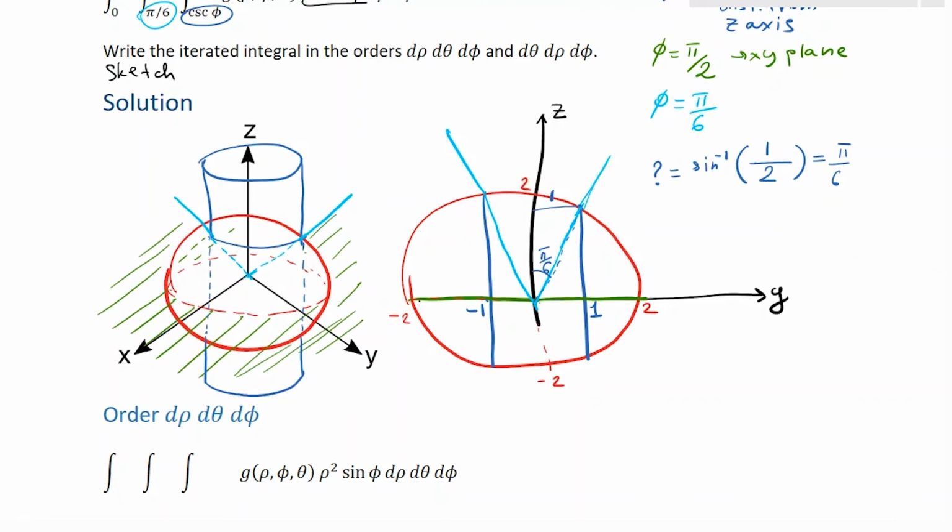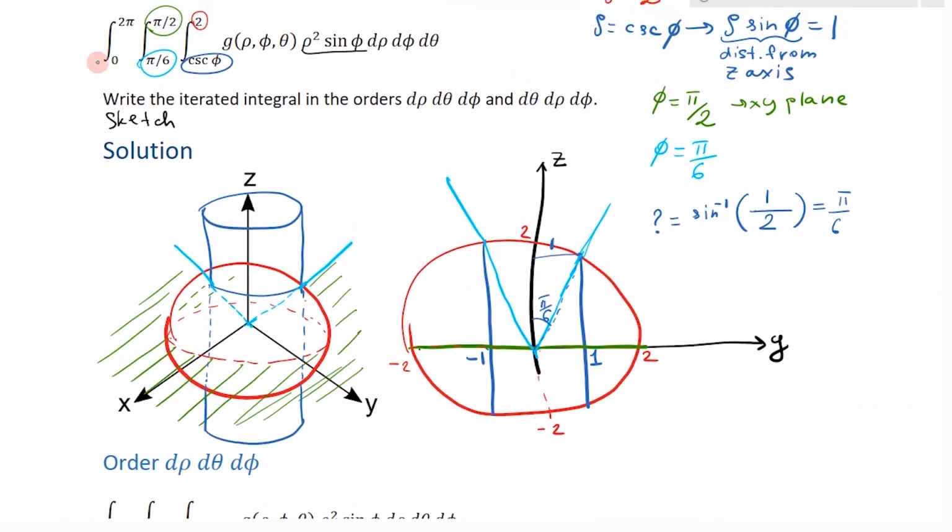Right, and then the bounds on theta are 0 to 2 pi, which makes it a full circle. If it weren't 0 to 2 pi, we would need to draw two more surfaces that are bounding the shape. But in this case, 0 to 2 pi just means all the way around the z-axis. Or you could think two surfaces co-located with the xz plane.